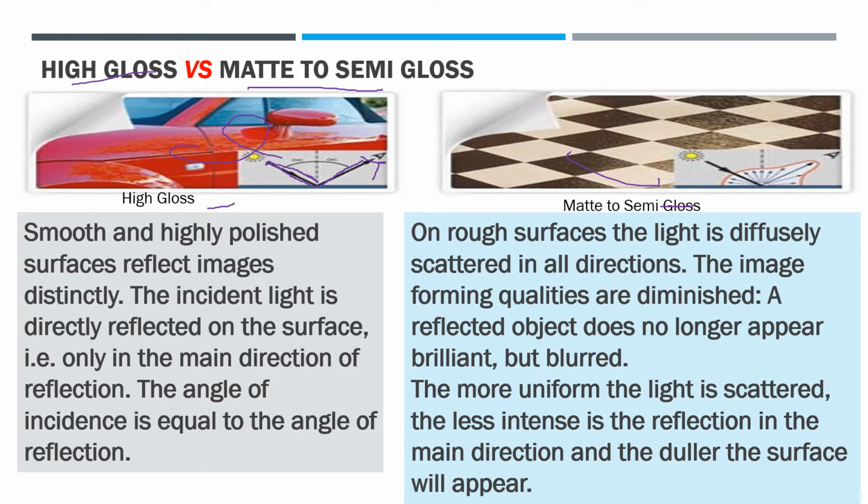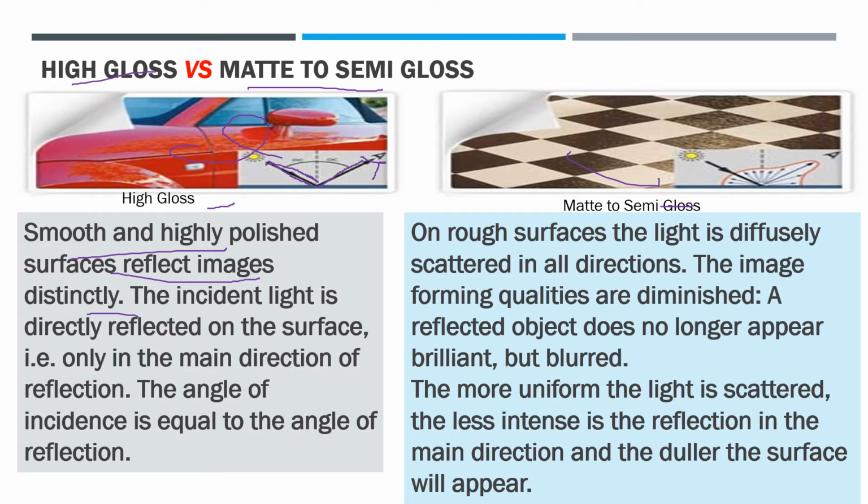And you will get this kind of specular gloss only with a high gloss substrate, means smooth and highly polished surfaces reflect the image distinctly. These surfaces are very smooth and highly polished, they will give you the full or 100% gloss with high reflection.